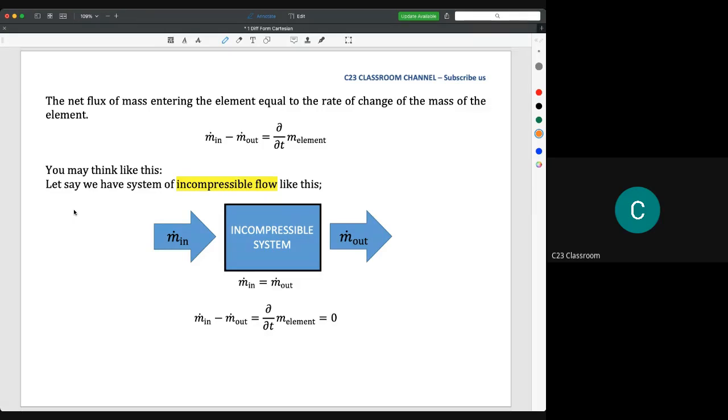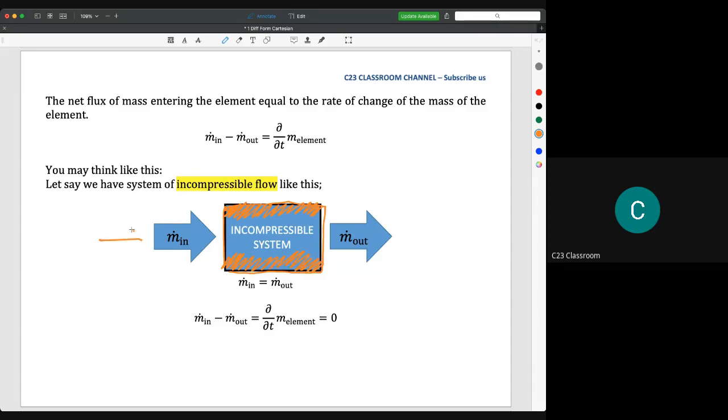So let's say we have system of incompressible flow like this one. So we have a system here, and this system is incompressible. So incompressible means the density will not change. So if the density is not changed, okay, we could say that, we assume that in this system, all the fluid will fill this system, this tank, for example.